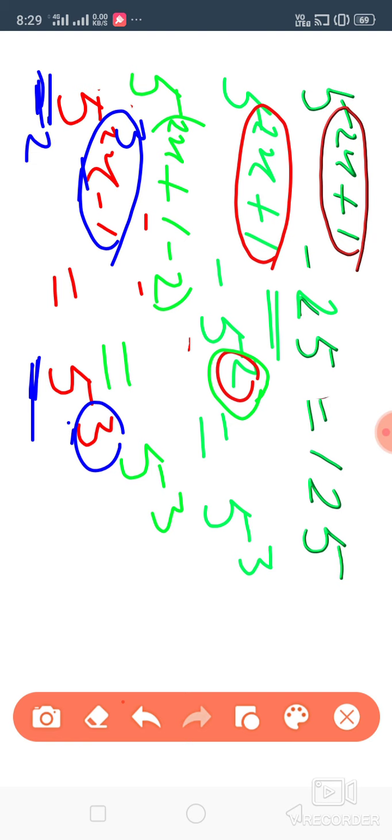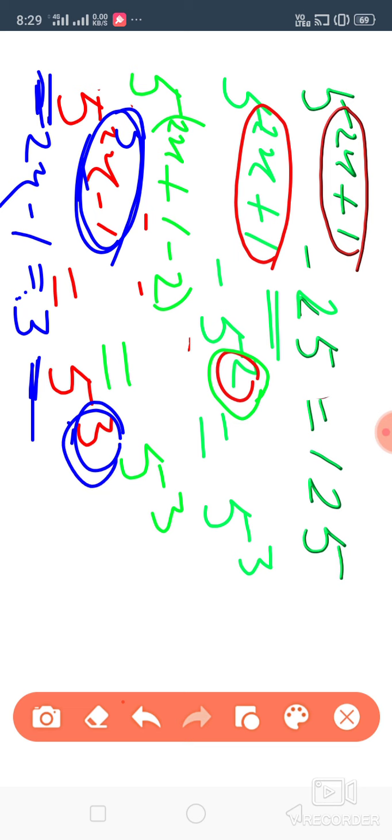That means 2x minus 1 we have to equate to 3. This part will be equal to 3, then only both LHS and RHS will be equal.